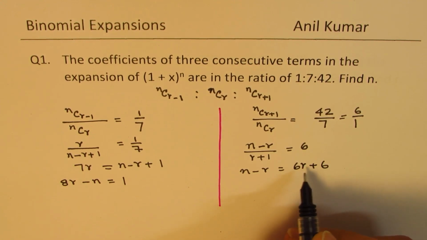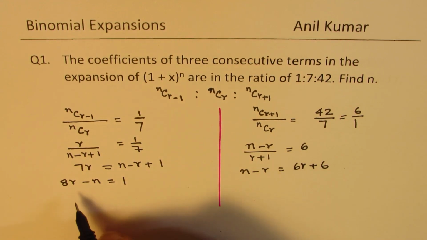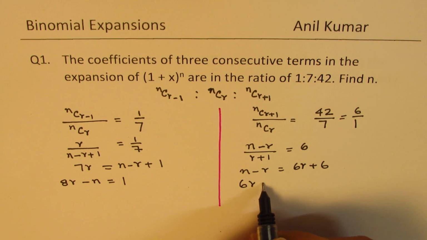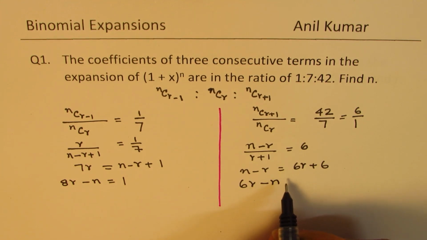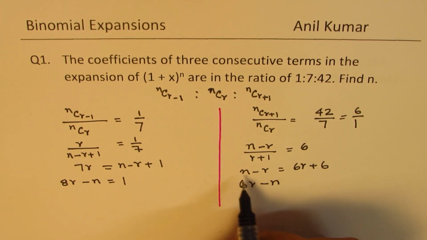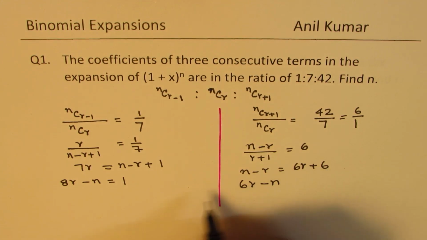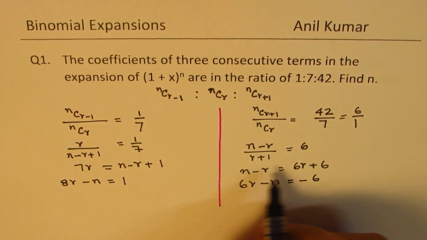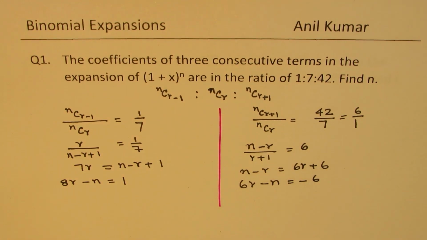Bring the terms together. So we have 6r taking away n, and bringing 6 to the other side, so we get minus 6. So we brought n to this side, 6 to that side.